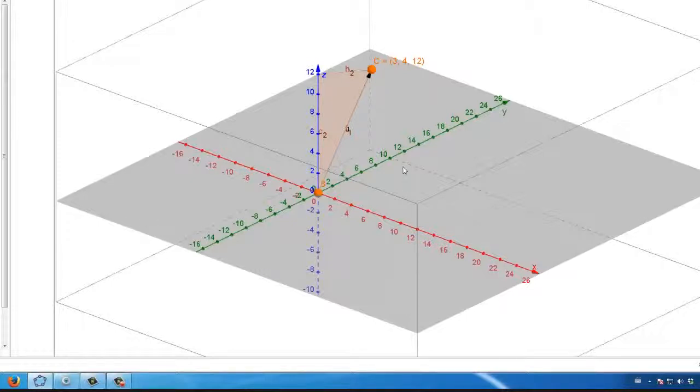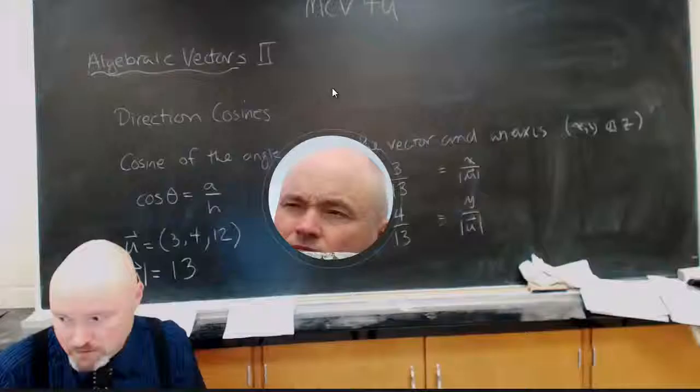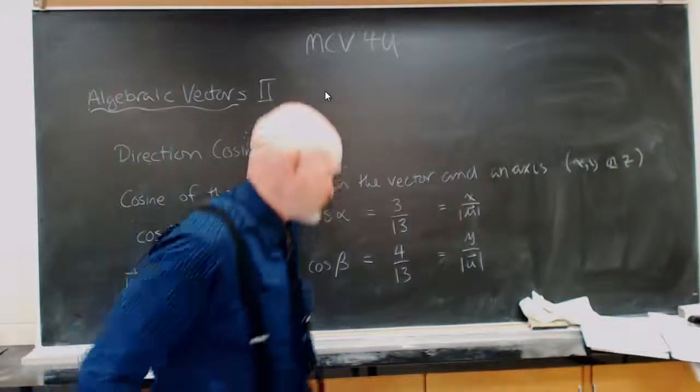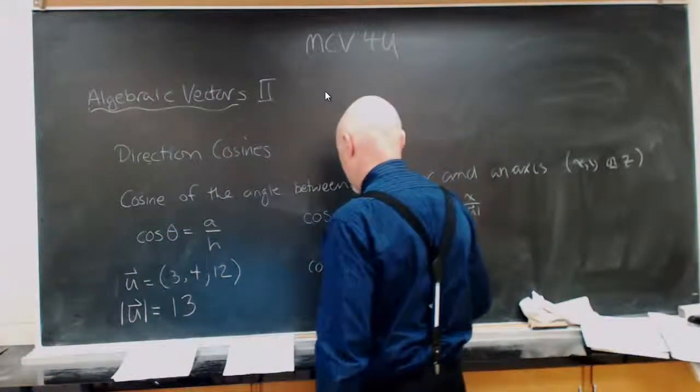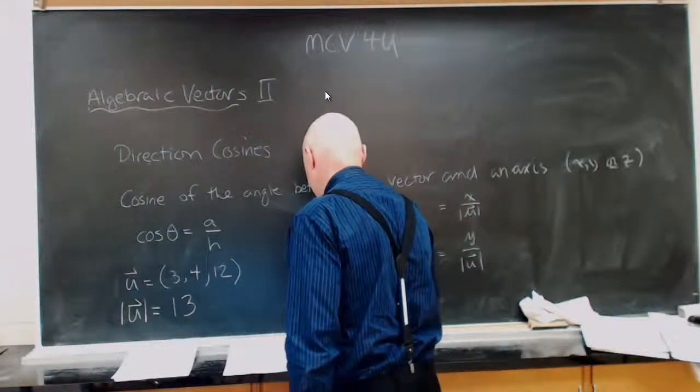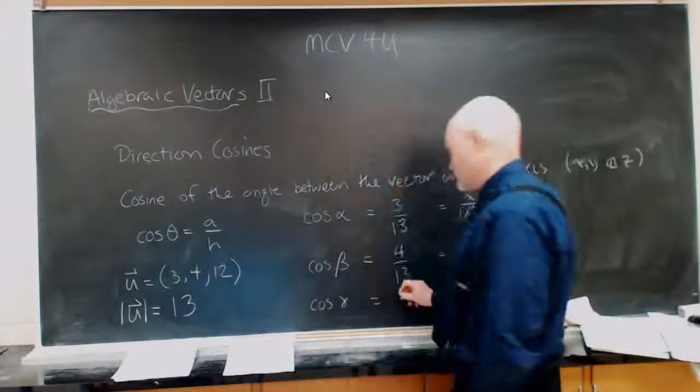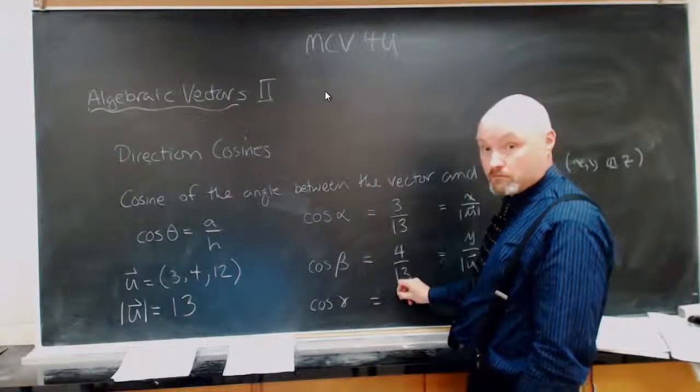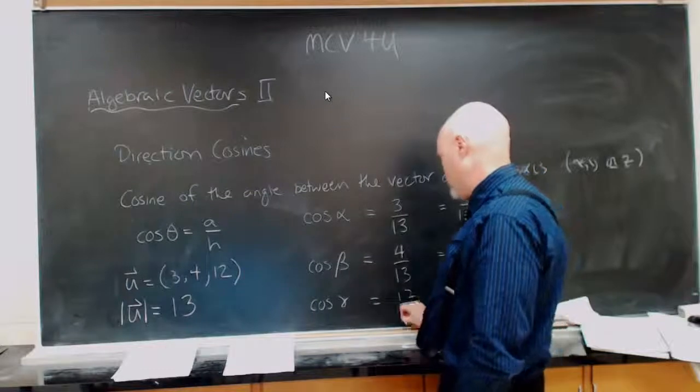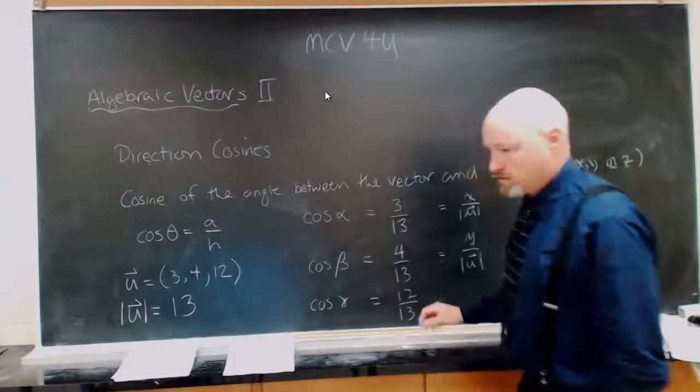So the hypotenuse just remains the same as before, and the adjacent is the z coordinate. So we're seeing a pattern here. No big surprise. There's the adjacent. There's the hypotenuse. 12 over 13. Yep, that's right.